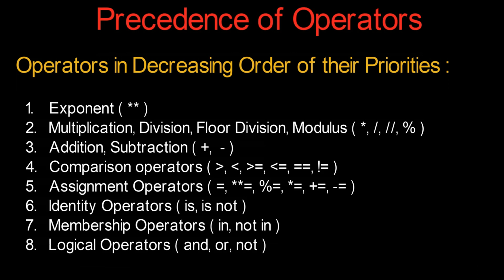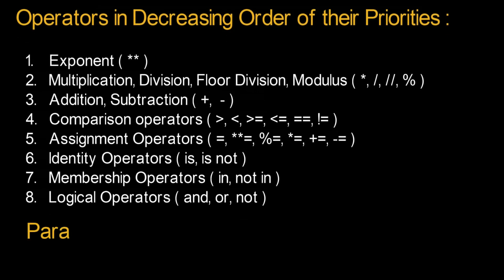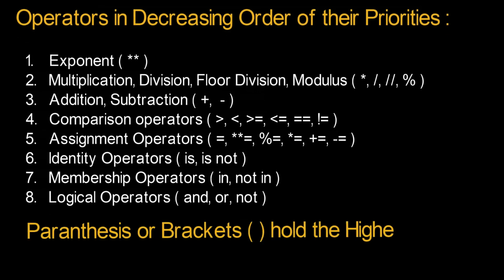Seventh, we have membership operators, that is in and not in. And eighth, we have logical operators that are not, and, or. Also, we can use brackets to perform some operation before another one which has a higher precedence. Parentheses or brackets hold the highest priority.